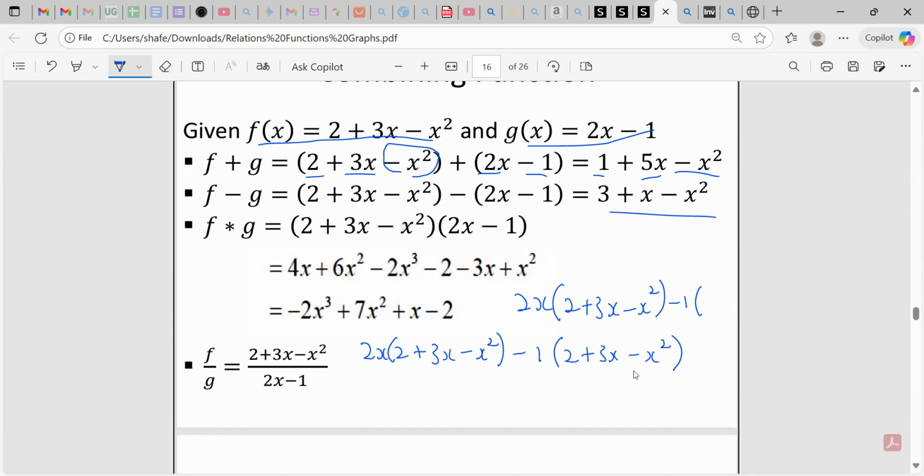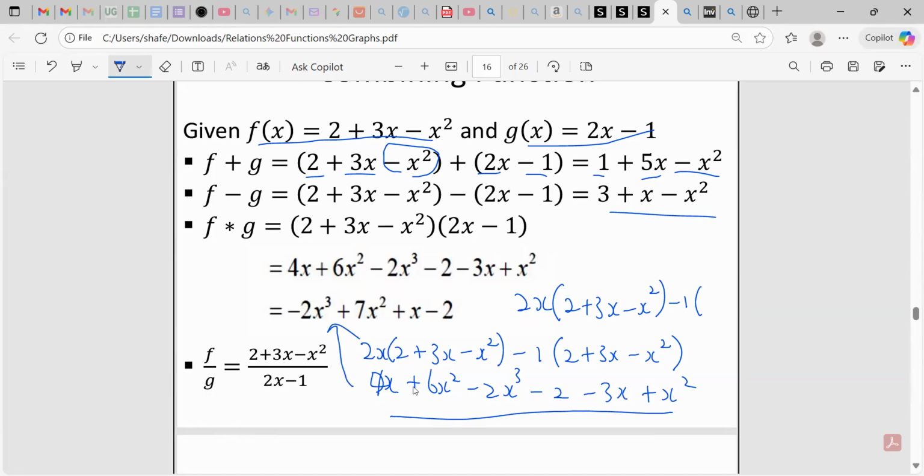And you remove the brackets now. So you get, sorry, this will be 4x. Then you'll get 6x squared, and you'll get minus 2x cubed. Removing here, you get minus 2, minus 3x, positive x squared. When you simplify all of this, you are going to get that, right?